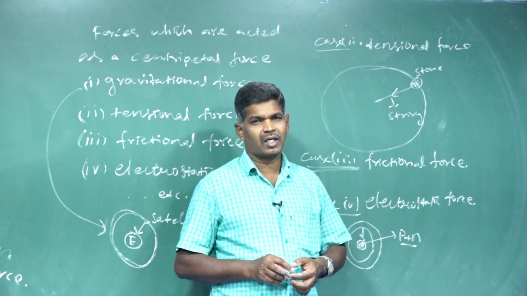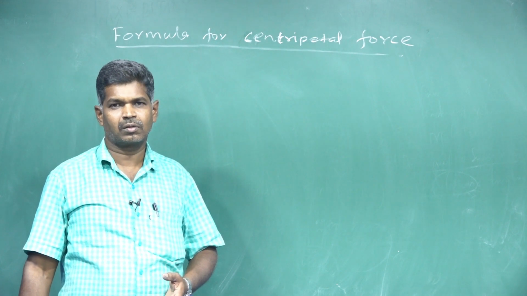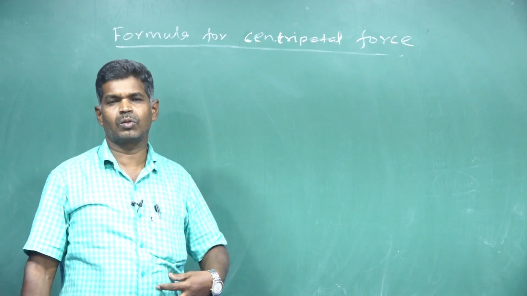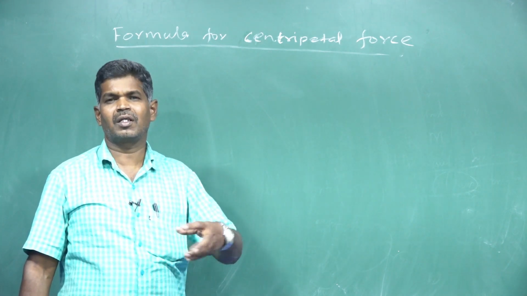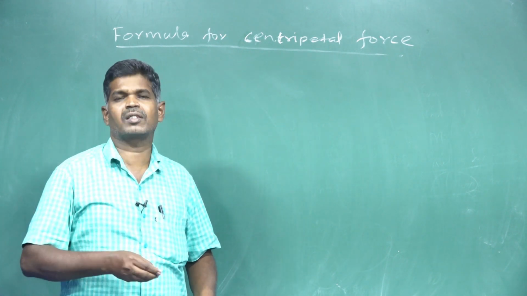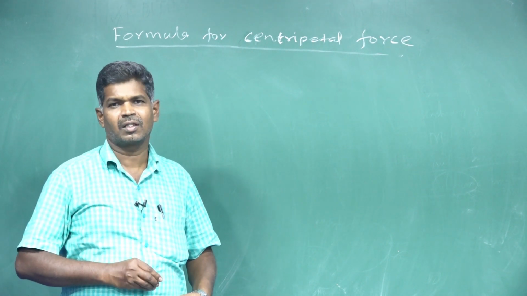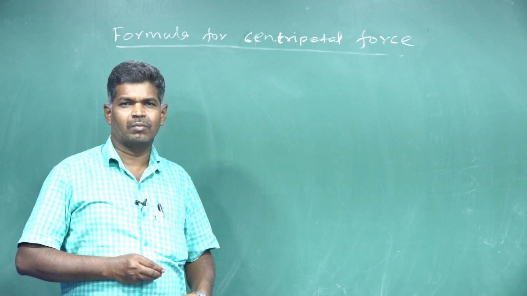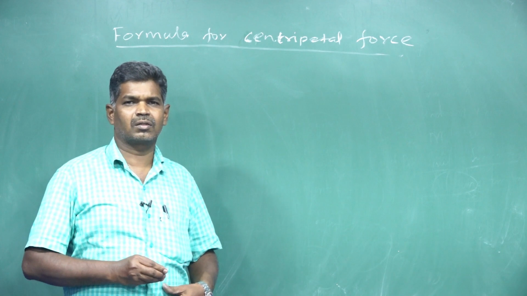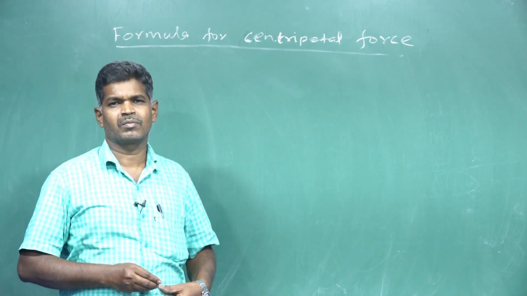In general, if a particle wants to move in a circular path, it should experience a centripetal acceleration, which acts towards the center of the circular path. That centripetal acceleration happens, based on Newton's second law, due to a force. That force is called the centripetal force.